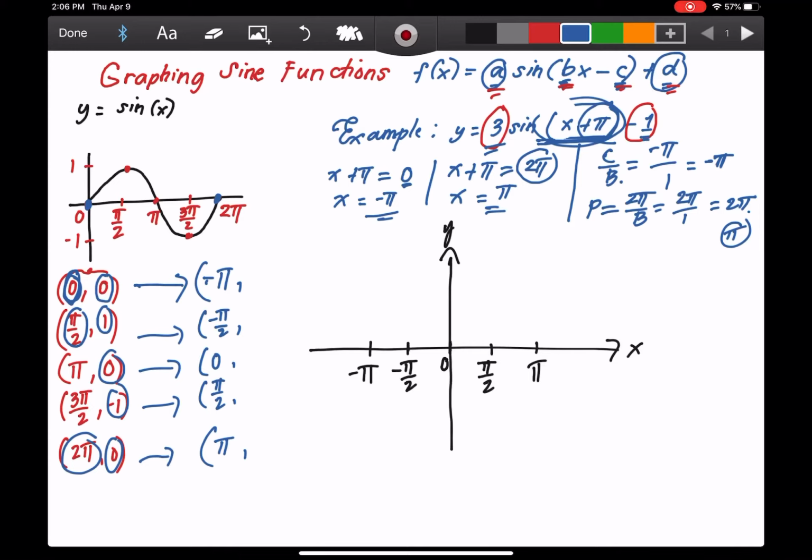Let's start with the 0 here. 0 times 3 is 0, minus 1 is negative 1, right? Since the next one is also 0, that's still negative 1, and the same here, that's still negative 1.